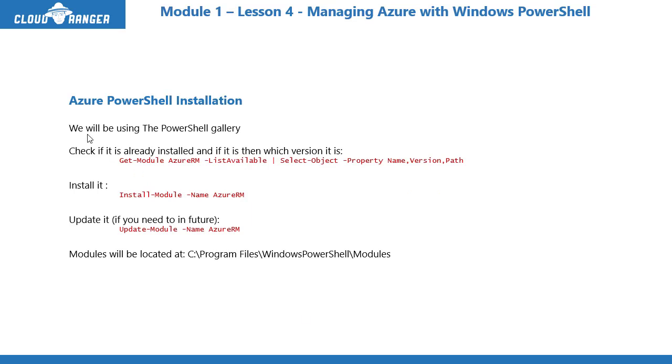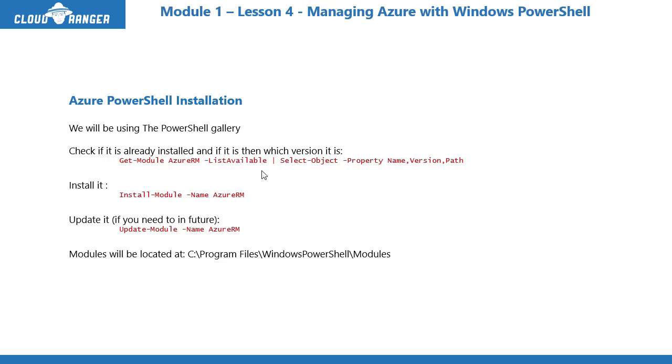Now, this is the PowerShell Gallery. So like I mentioned over here, this installation will be using the PowerShell Gallery. And the way to do this is first you go and check if you have it already installed. So that's what the first commandlet is, Get-Module AzureRM -ListAvailable, and see if you already have that. If you don't, then you go and install it.